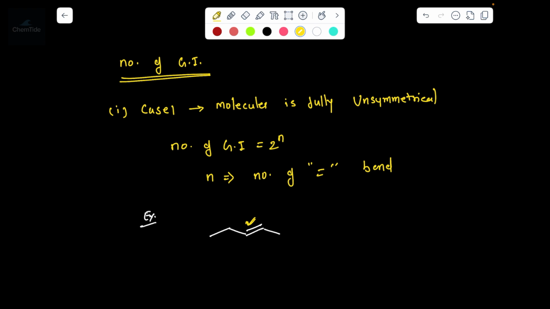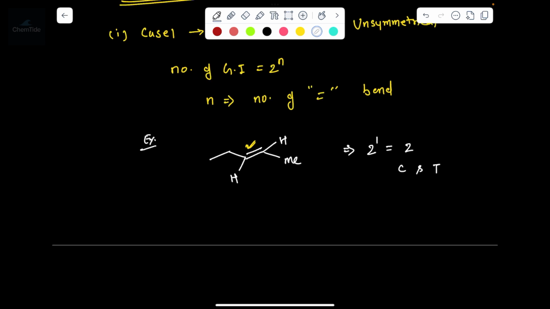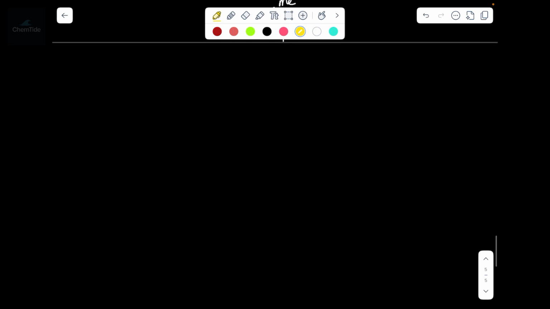This side is a methyl group and the other is a hydrogen, and this side we have an ethyl group and this side is hydrogen. So the total isomers would be 2 to the power 1. The answer is 2, meaning one can be cis and the other trans. This side is Et and these two hydrogens are on that side. This is the cis pattern.